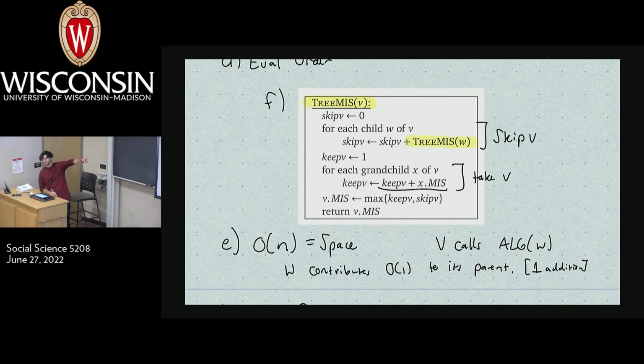This is the stored version, yeah. So when you call this recursively, you will populate the grandchildren's entries. That's why it's tree MIS on the top and x.MIS on the bottom. Yeah. So once you go down there, you've already filled up those nodes, so you don't have to call it again.